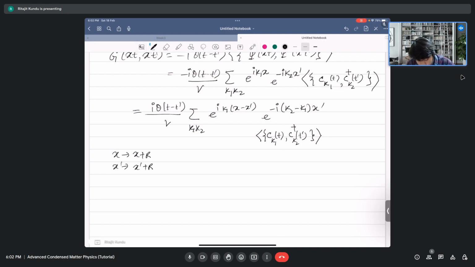If we do that, most of the terms will be the same. This k1 (x minus x prime) is exactly the same because plus R cancels from both x and x prime. But then I'll have this thing minus i (k2 minus k1)(x prime plus R).